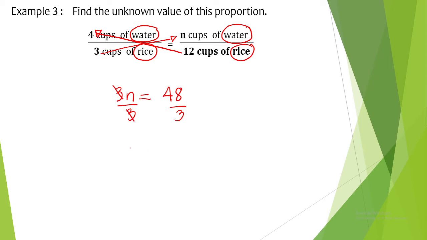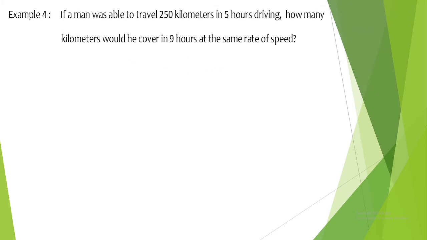So what is 48 divided by 3? 16. So, 16 cups of water, because that is our unknown, cups of water. Is example number 3 clear? Yes, sir. Let's go.